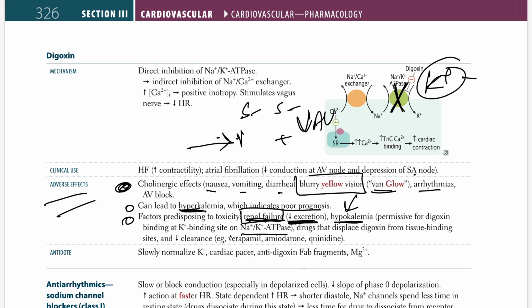Drugs that displace digoxin from tissue binding sites can also predispose to toxicity, and they decrease clearance. For example, verapamil, amiodarone, and quinidine decrease its clearance, again causing toxicity.